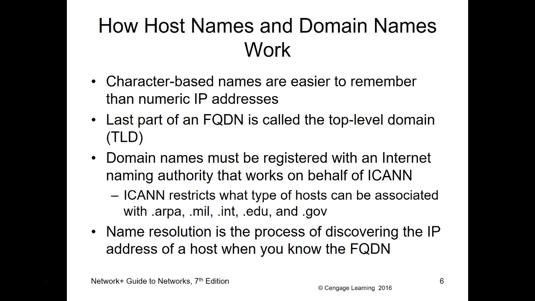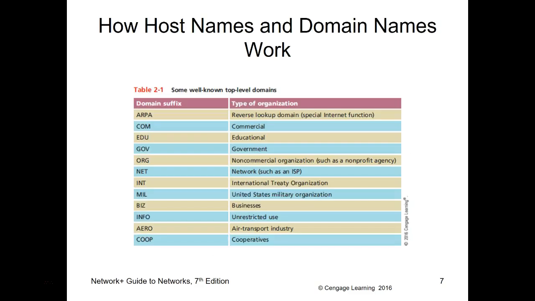And we do have some restrictions. So I can't go out and register a .edu account for myself, right? It has to be a university, high school, college, something that has the ability to do that. I can't register a .gov address for myself. But I can register a .com, right? I can register that as a commercial account.